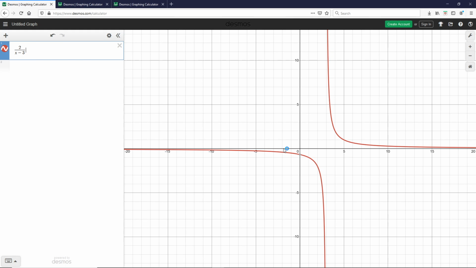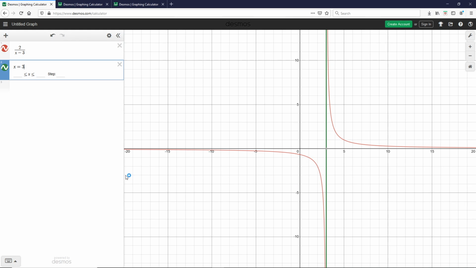But let's say we wanted to draw the vertical line x equals 3. Remember, that would be the vertical line whose x-intercept is 3, and every single point on the line has x-coordinate 3. So that's what you see in green here. This is the vertical line x equals 3.